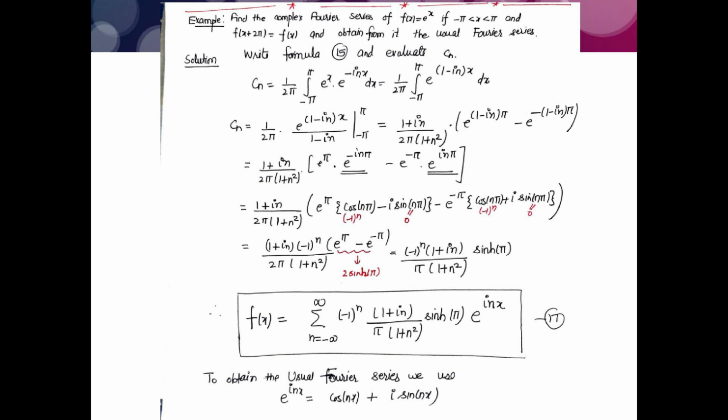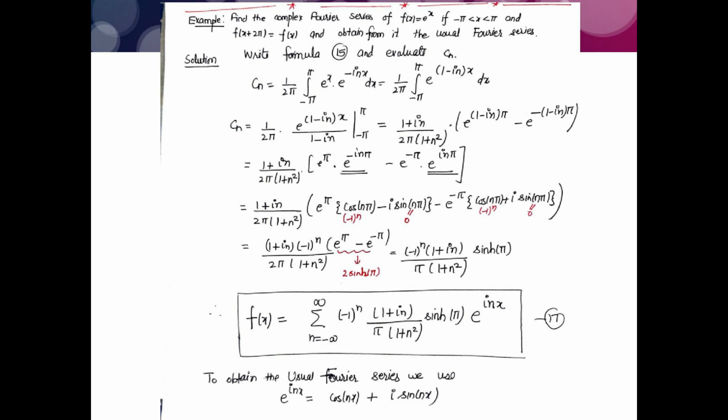Sine n pi is 0 and cos of n pi is minus 1 raised to power n. So we can simplify this further and we have in the second last expression e raised to power pi minus e raised to power minus pi, and this is 2 sine hyperbolic pi. So finally in 7 we have the complex Fourier series.